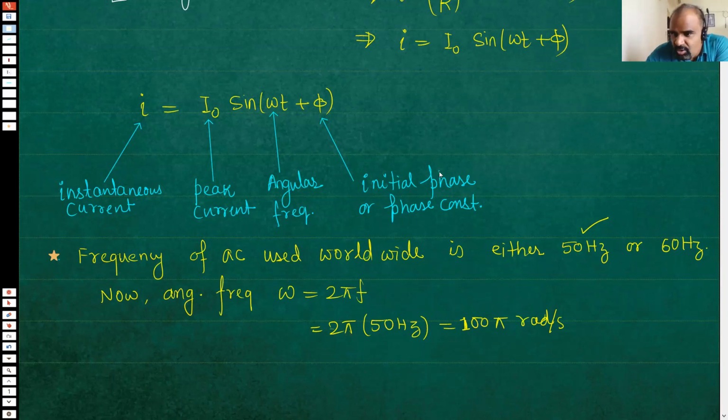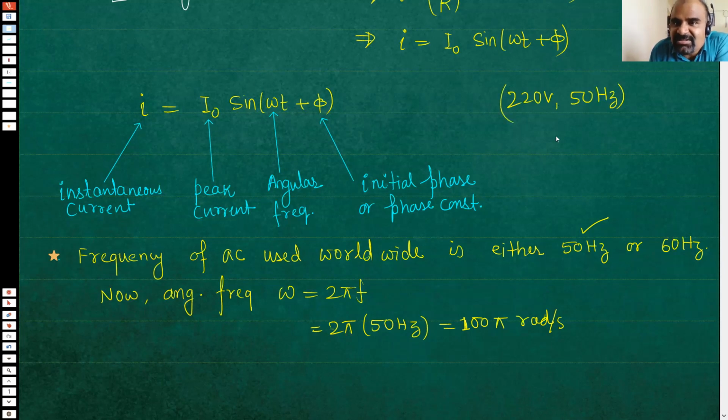Now you can go to your house. In fact, you are already at your house. After the class, you can check your appliances, like the fridge, the air conditioners, the microwave oven, whatever electrical device you have. The rating will be written somewhere at the back of it: 220 volts, 50 hertz.